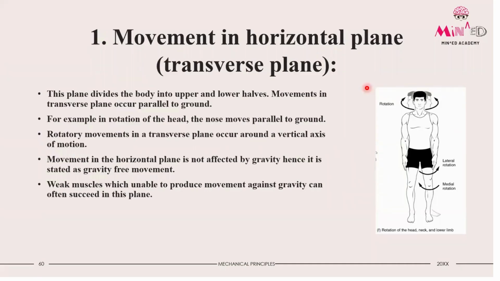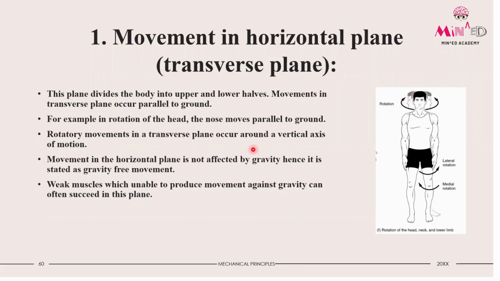So now we'll discuss the movements in more elaborate form. Movement in the horizontal or transverse plane. As we know, this plane divides the body into upper and lower halves. Movement in the transverse plane occurs parallel to the ground. An example is rotation of the head, when the nose moves parallel to the ground.